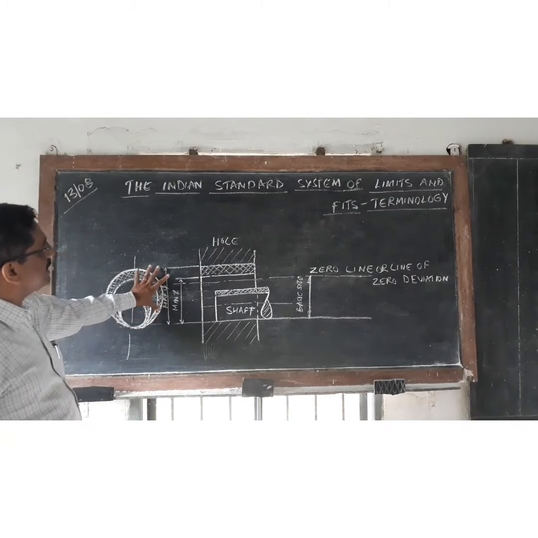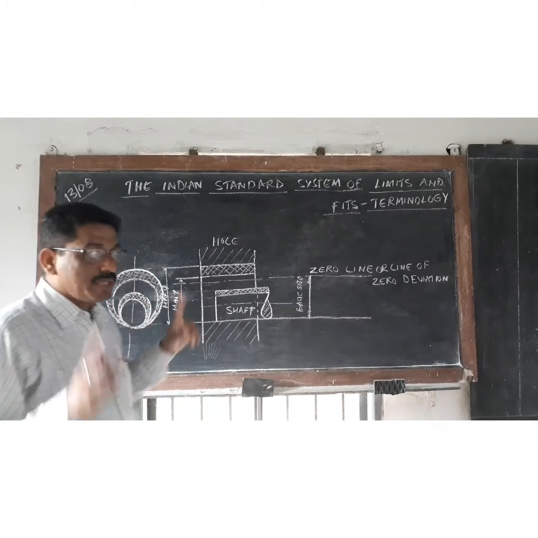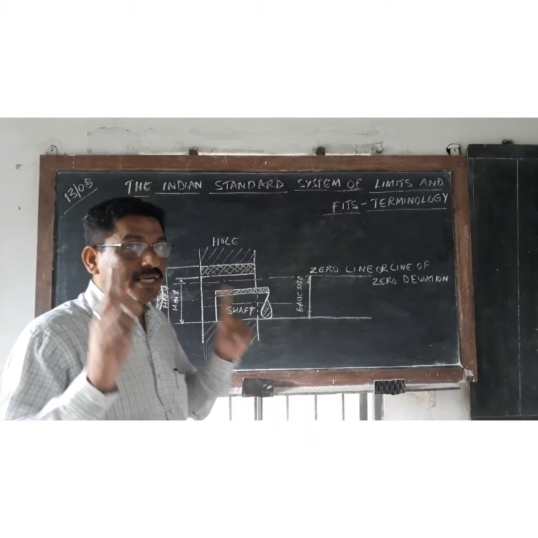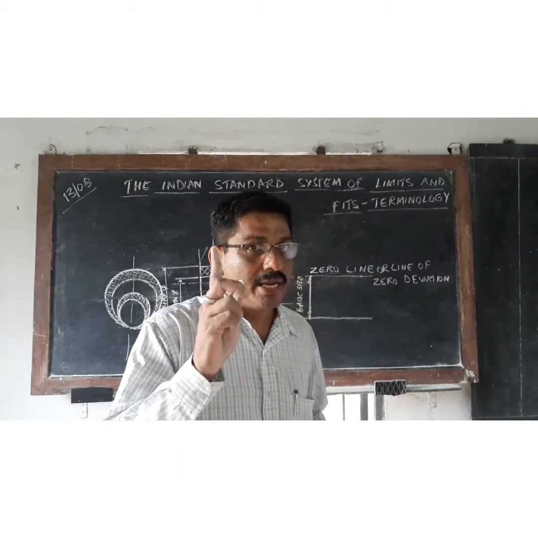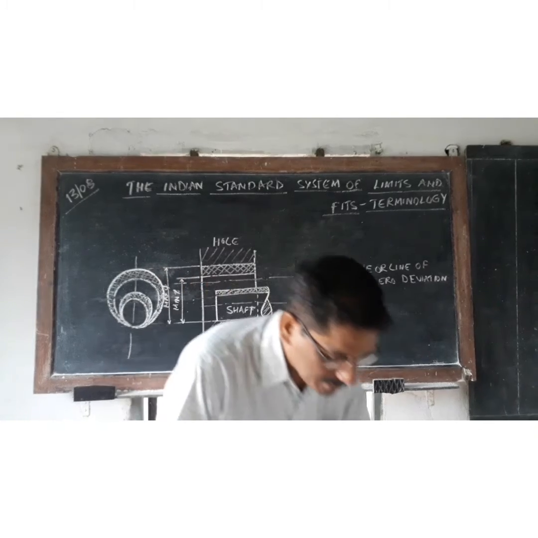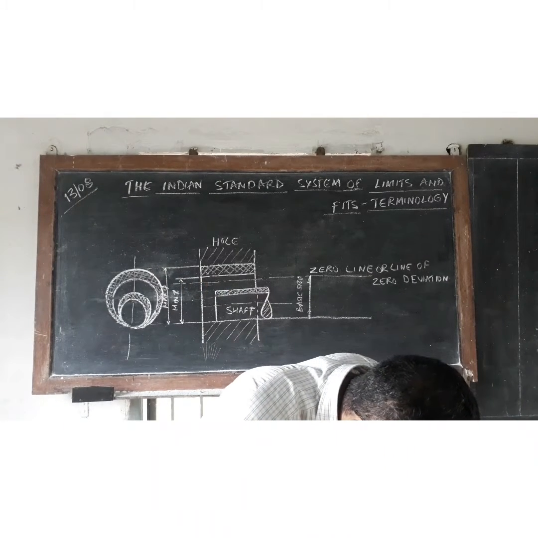This is the hole. Deviation will be taken with respect to the zero line. You have to keep that in mind. Deviation will be taken with respect to the zero line.